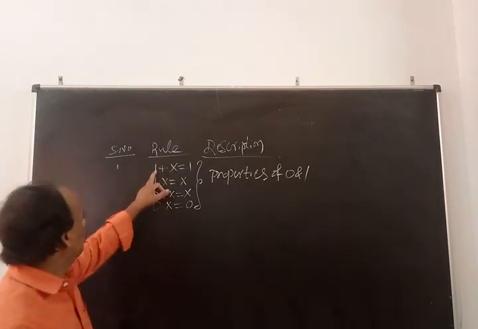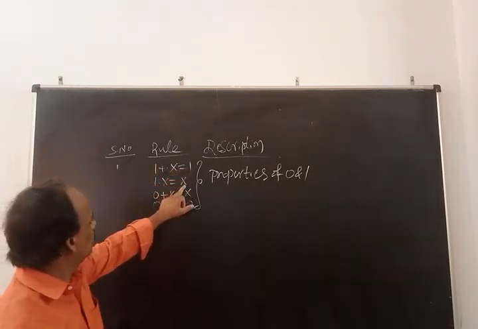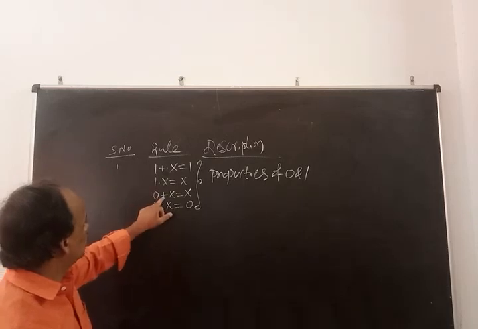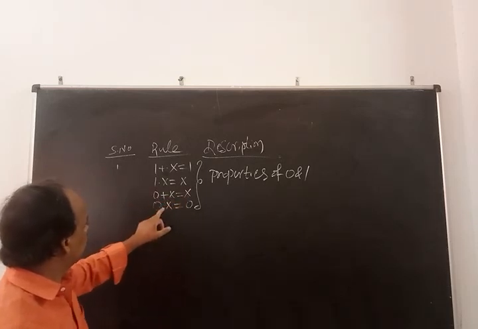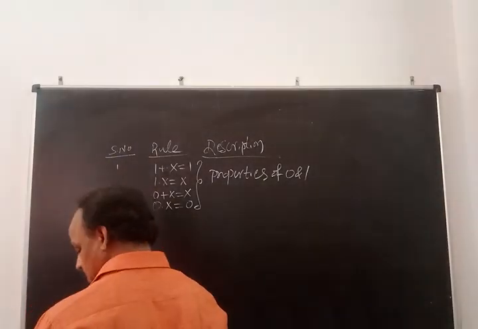That is, 1 plus x is equal to 1. 1 into x is equal to x. 0 plus x is equal to x. 0 into x is equal to 0. These four are the properties of 0 and 1. This is the first rule.